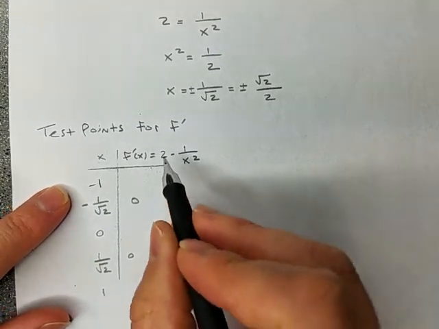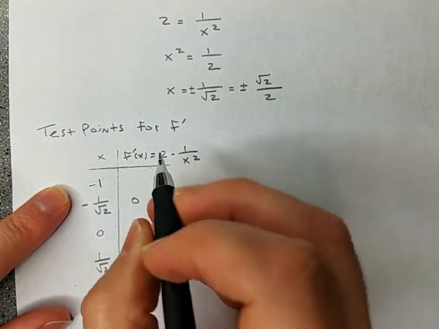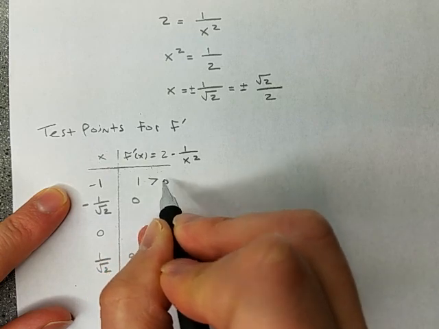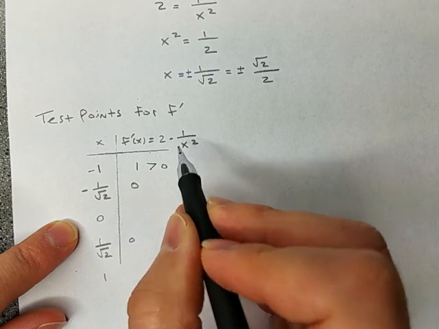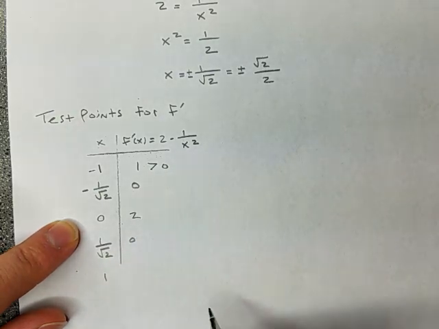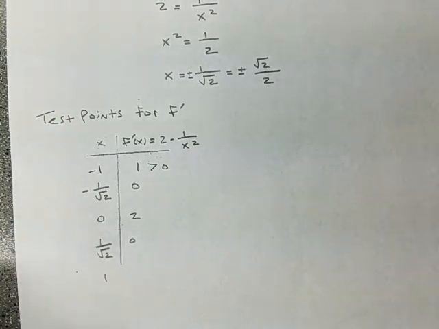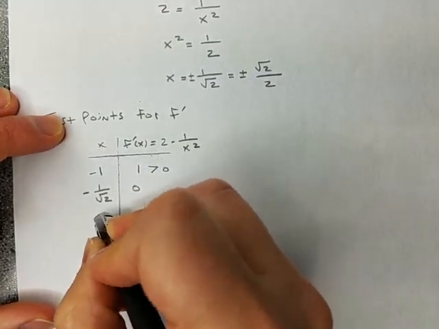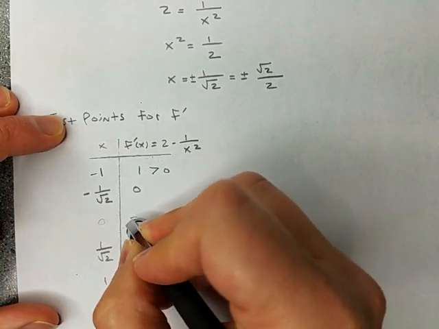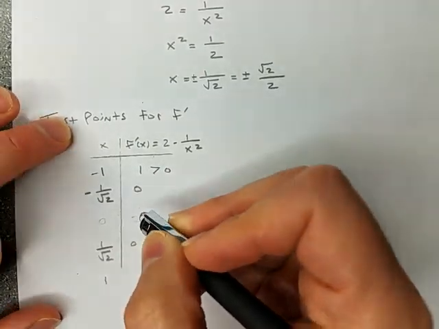Okay. If I put in negative 1, I'm going to get 2 minus 1. So that's 1. That's greater than 0. If I put in 0, okay, I'm going to get 2. Or sorry, it's undefined. I didn't mean to put 0. That's where it has its asymptote.